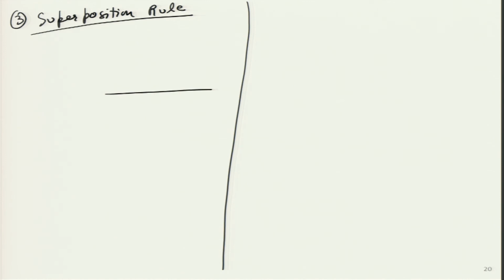So, the third one is the superposition rule. It is a very interesting and very powerful rule. What does the superposition rule tell us?